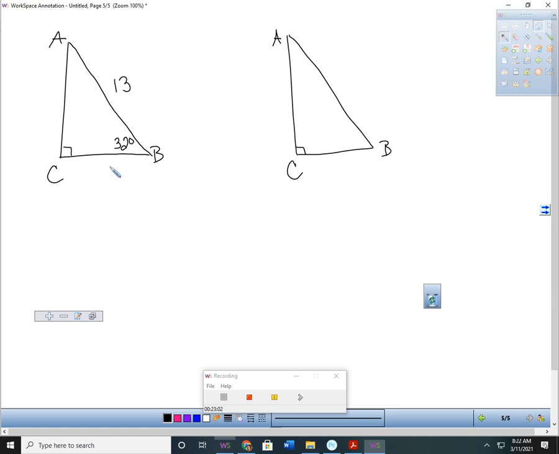I got to make sure that, okay, I think that one will be okay. If not, we'll find out in a minute. Okay. Do those two right there.